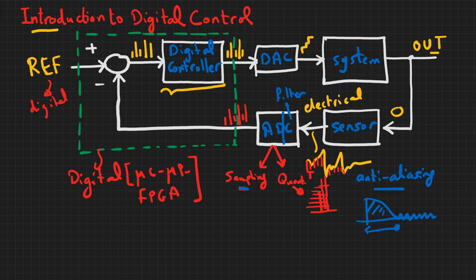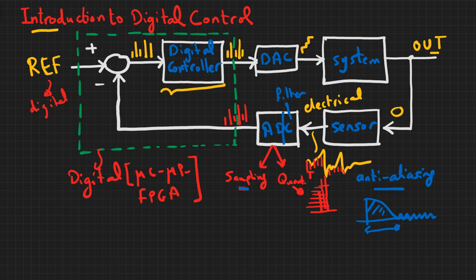So this is the main block diagram of the digital controller, and we will be using this quite frequently. One of the interesting things about digital control is that it's one of the branches in which you have a mixture of digital or discrete systems and continuous systems together.